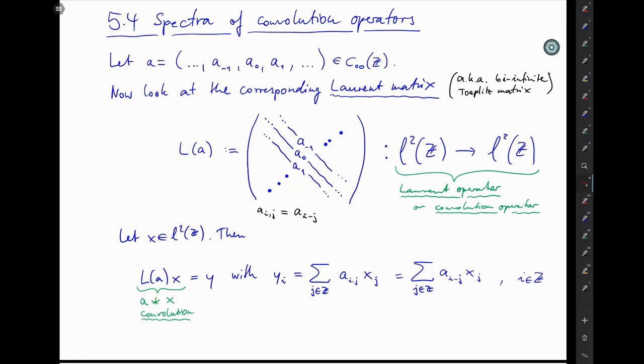Okay, that of course explains why we call this the convolution operator. It just convolves X with this fixed sequence A.